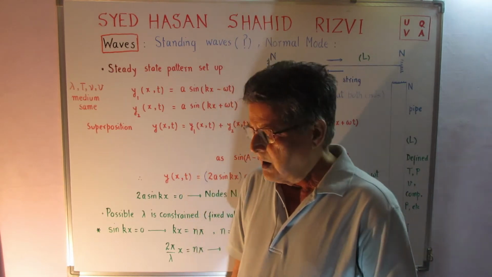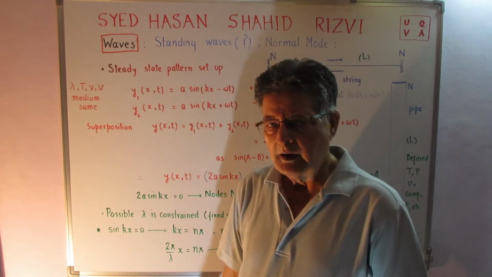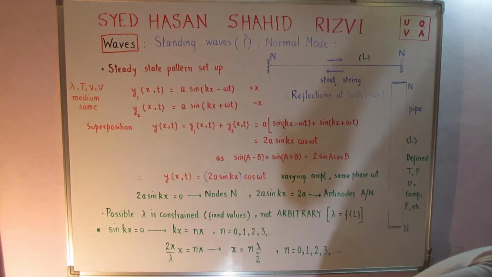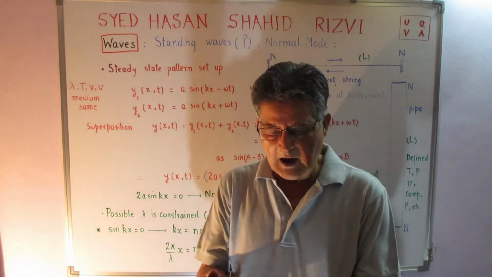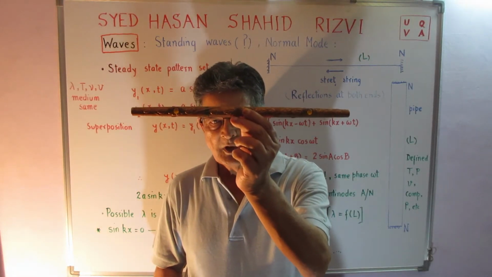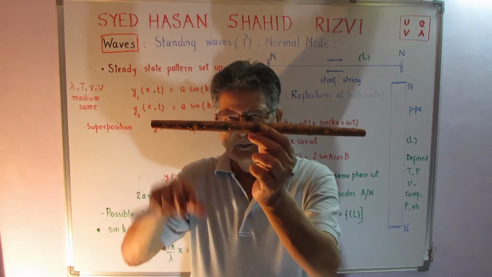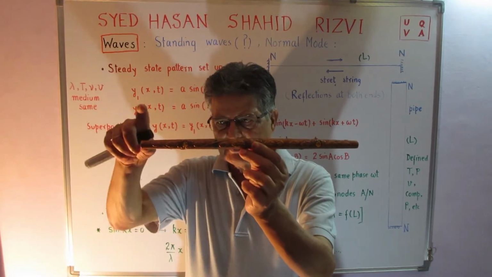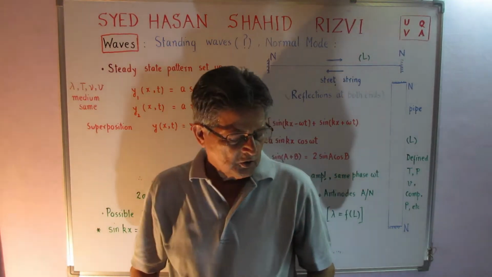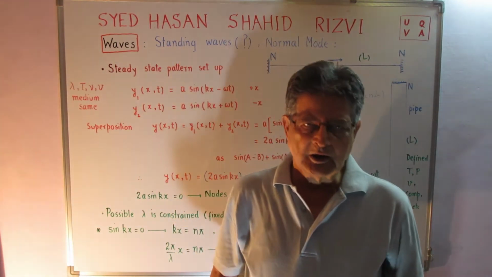This is also true in case I have a rod which is clamped in the middle and it is made to vibrate. Then this end is a free end and this end is also a free end. So that kind of vibrations are there.